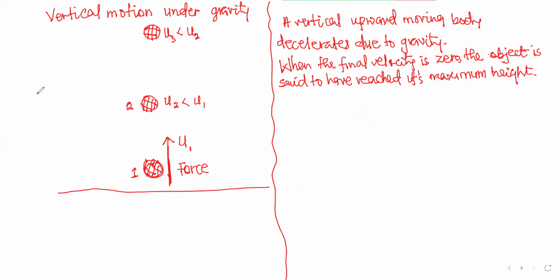Then let's quickly look at vertically downward motion. When the object is going up, the body decelerates, meaning its speed decreases, and this is due to gravity. What if it is coming down?